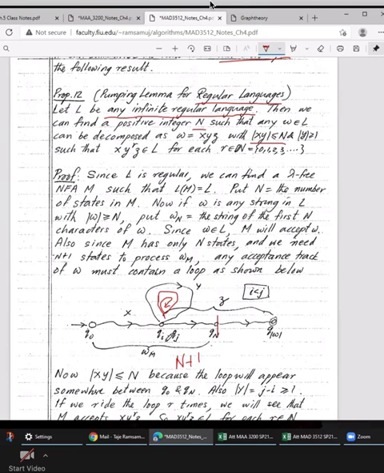Well, in the homework, I showed you how to do these problems using the pumping lemma. Now, why is the pumping lemma important? In our course, it's not as important. We just have to know what it says. Why? Because the syllabus says the student should know what the halting problem is, what the pumping lemma is.